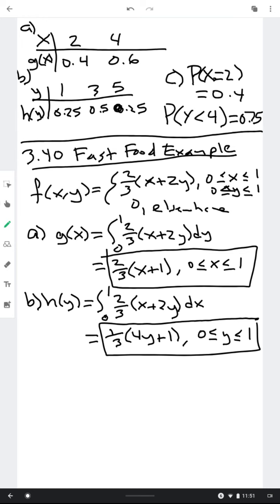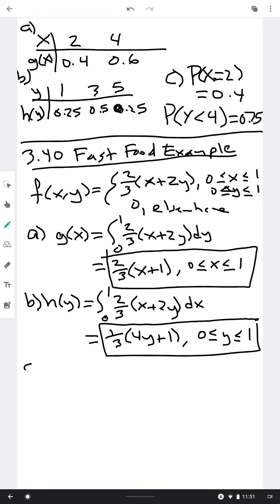All right. Very good. And then C says, find the probability that the drive-through facility is busy less than 1/2 of the time. If you look at this example, X represents your drive-through times, and Y represents your walk-in times. So we were looking at the probability that X is less than 1/2.